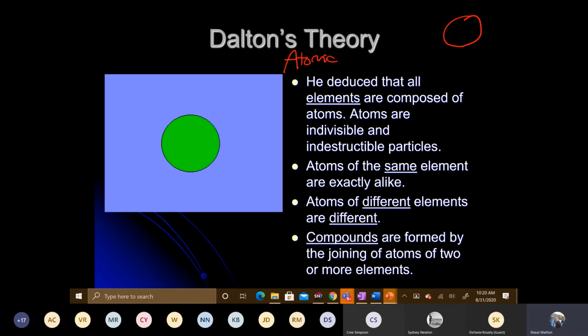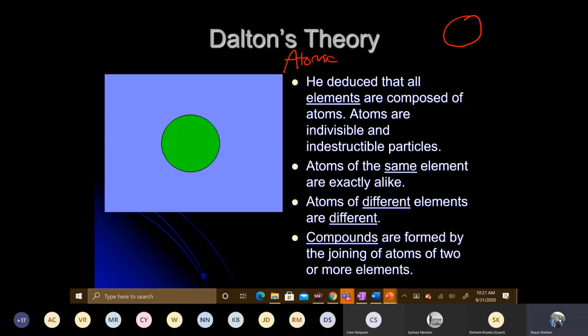You can see the picture there, that green sphere. That represents a billiard ball. He is still stating that the atom is indivisible. It says it right here, and they say that it's indestructible. But the key to his model is that he says they're indivisible.